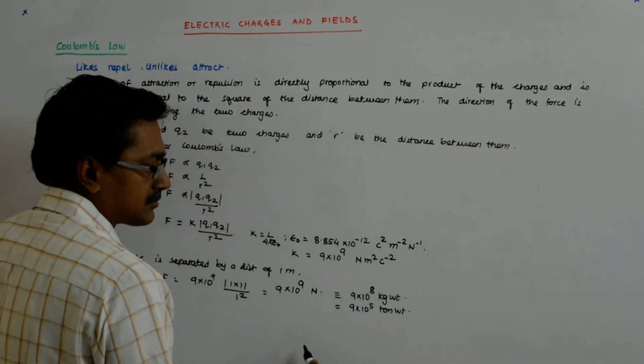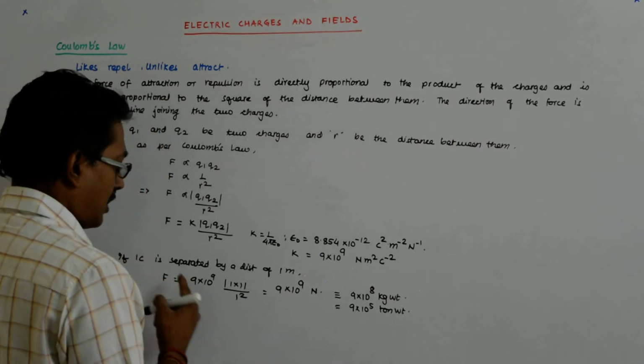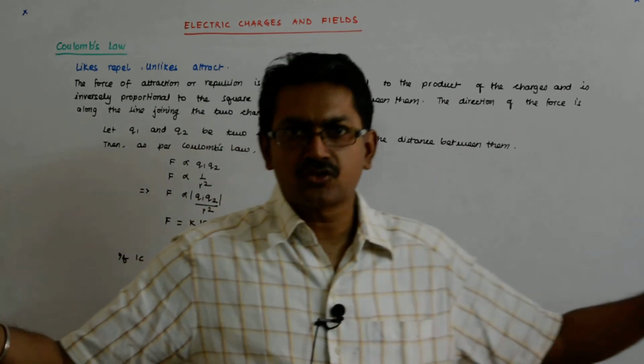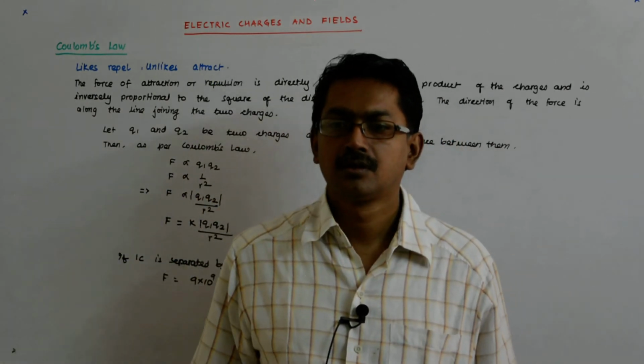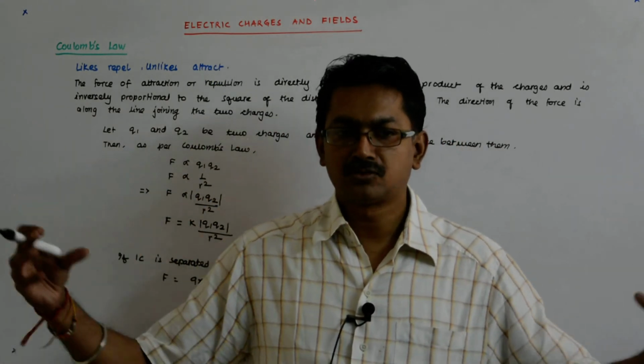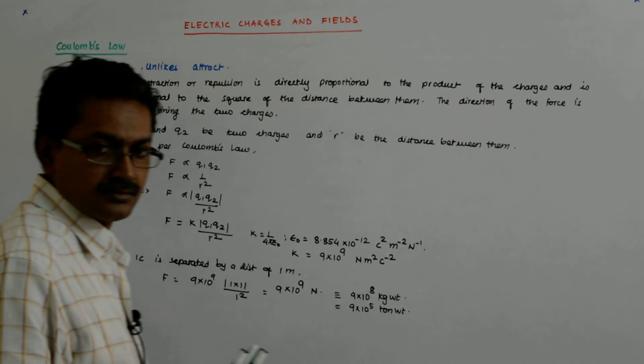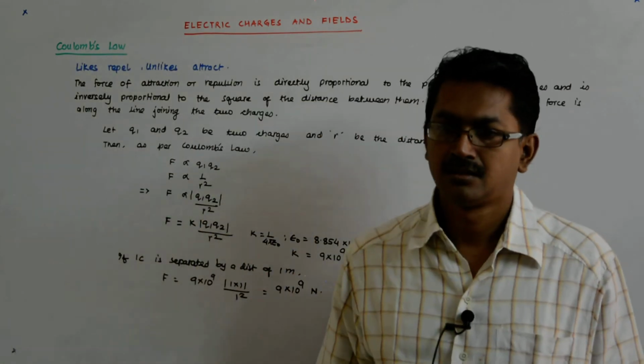1 coulomb is separated by what? 1 meter. मतलब किस चीज से सेपरेट कर रहे हैं? No, they are placed 1 meter apart in vacuum. 1 coulomb and 1 coulomb, right? So it is equivalent to 9 lakh ton. You understand?